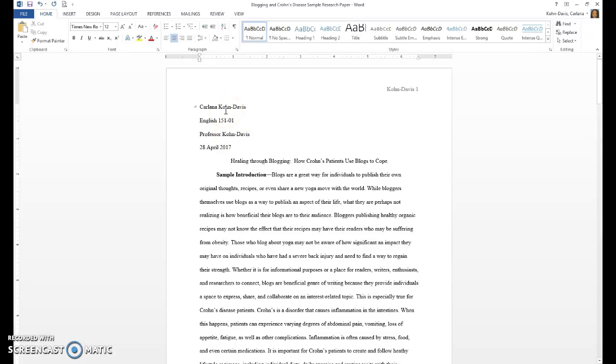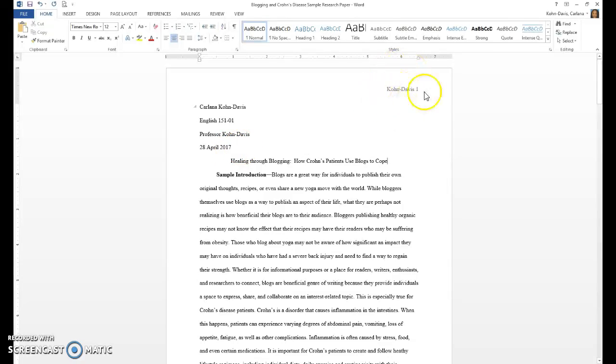You do not need a separate page to provide this information. You're going to format your research paper the same way you have formatted papers for this course. So your name, the course and section, my name, and then the date that the assignment is due.